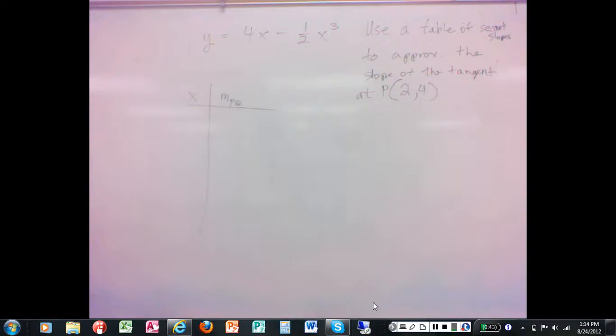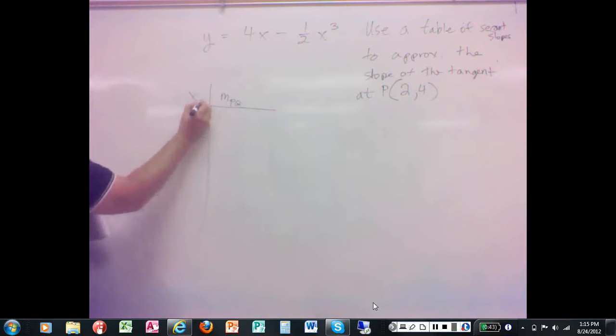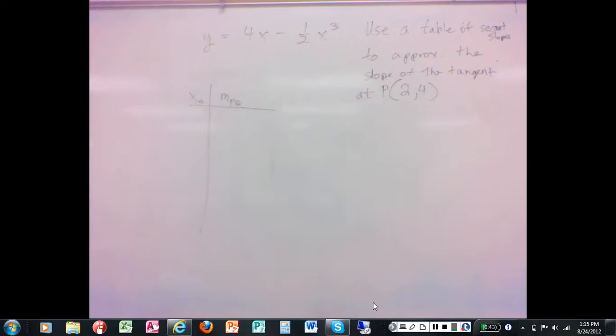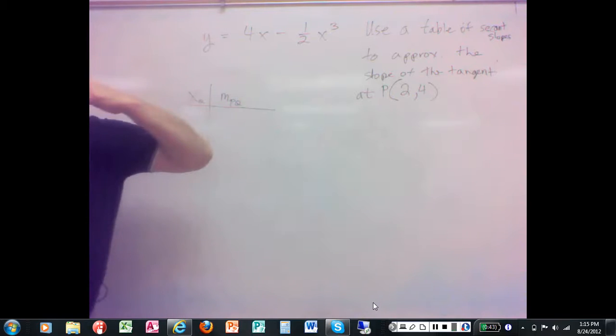What x values? You tell me what x values to use, x being the x of the q value to go along with the p value 2, 4.